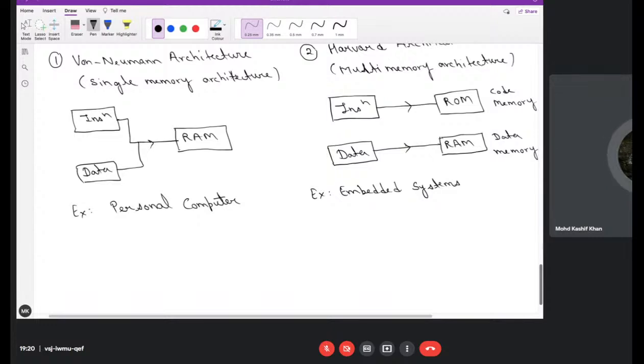So the user program is always required in the main memory.